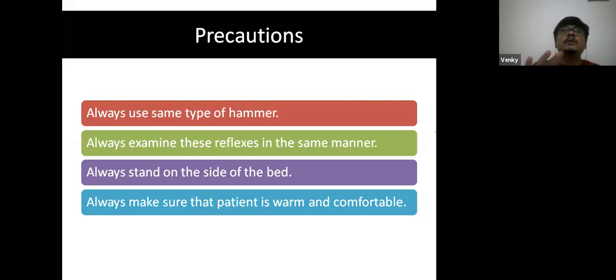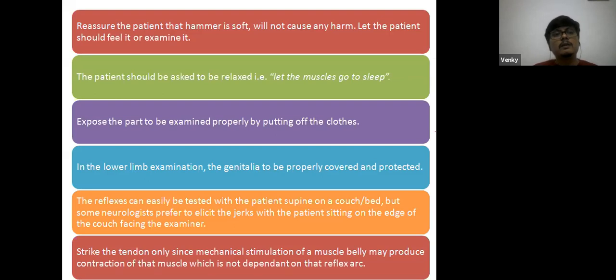Even if you want to check the left knee reflex, you stand on the right side and check it. Make sure the patient is warm and comfortable, and don't give any noxious stimulus. The knee hammer should not cause any harm.